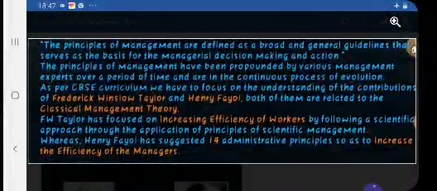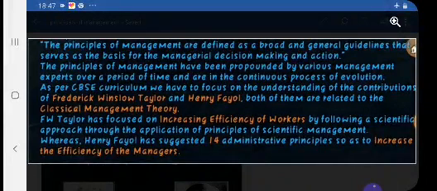So let us start with the definition of principles of management. It can be defined as broad and general guidelines that serve as the basis for managerial decision making and action. So whatever action should be taken by the manager, it is just a general guideline.